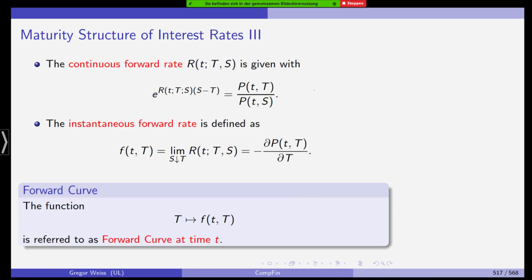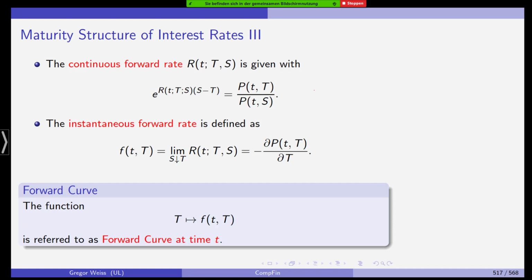The next, we can look at the continuous forward rate. The continuous forward rate is given by dividing the prices for the zero bonds between 2 points t and s, and this has to be equal to the continuous interest rate. We can also do the same with the instantaneous forward rate.